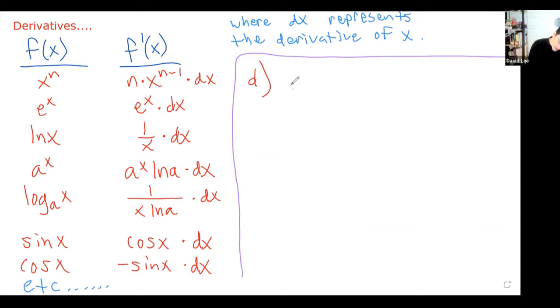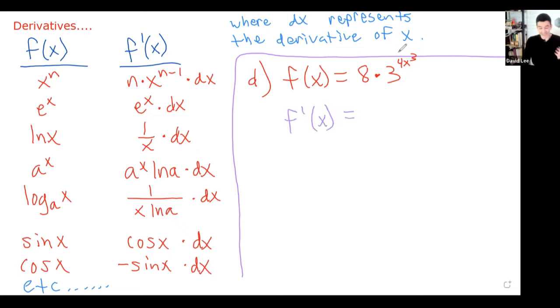Let's say our function f of x is, how about 8 times 3 to the power of 4x cubed. It's kind of hard to see, but it's right there. So we want to find the derivative of this object, f prime of x.